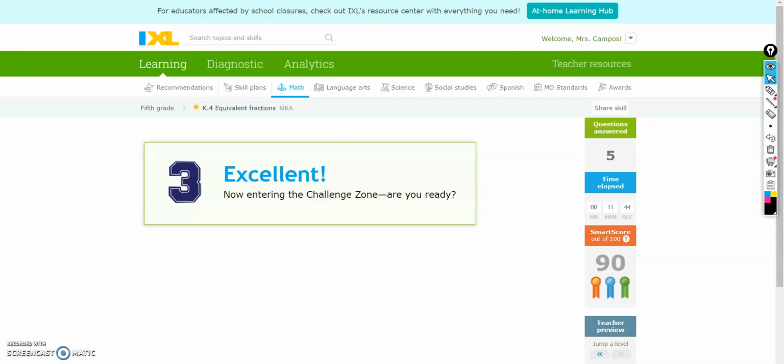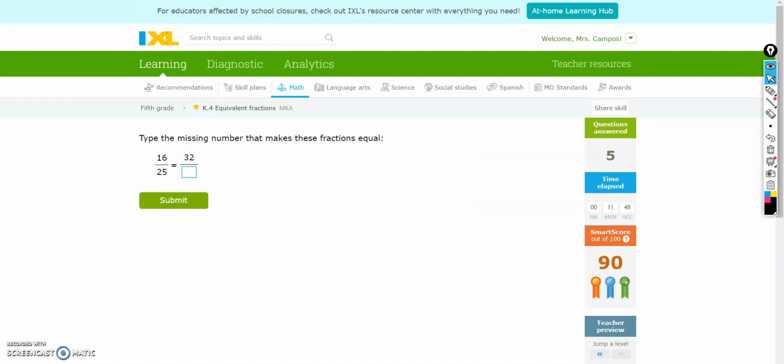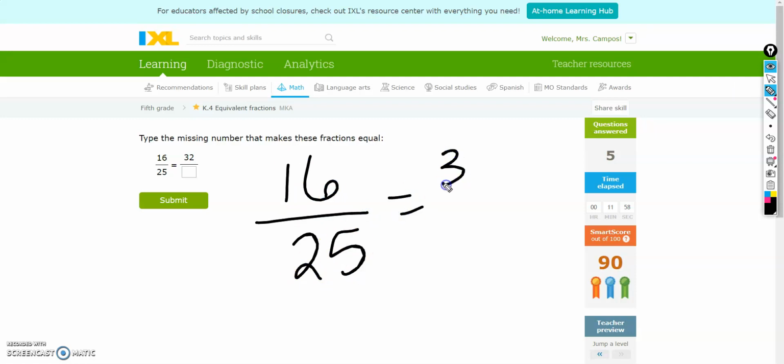See if I can skip a level. Alright, so we have bigger numbers. 16/25 equals 32 over blank.